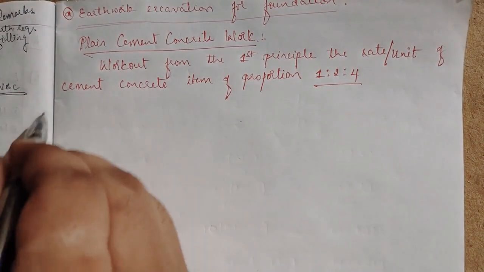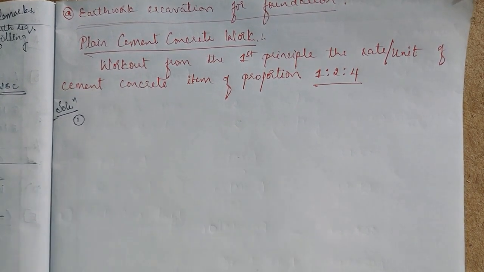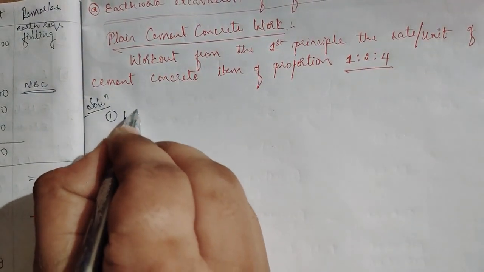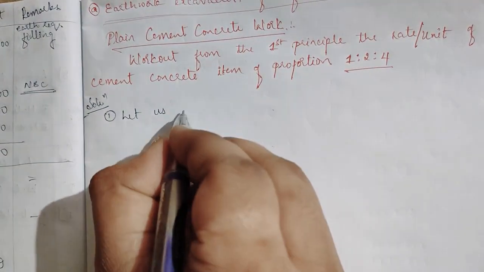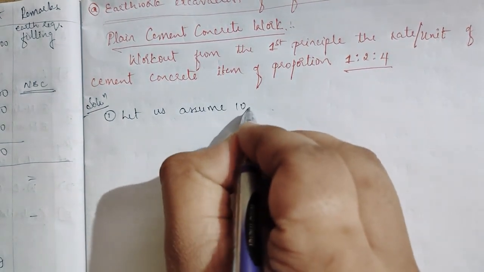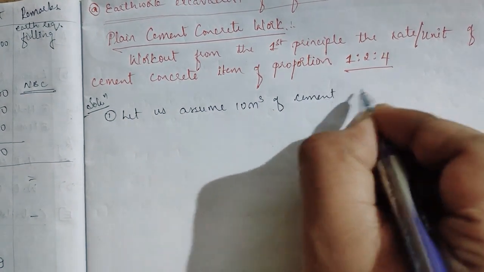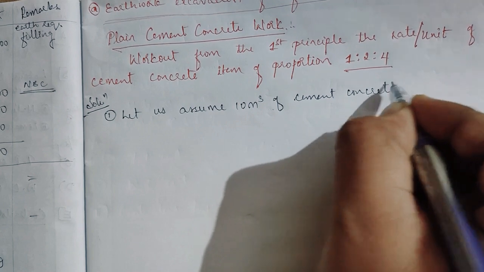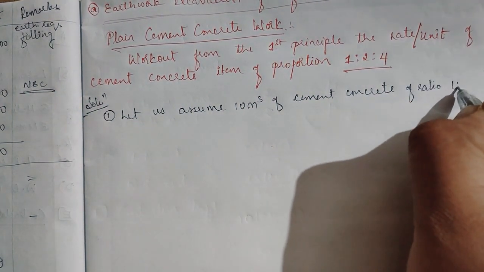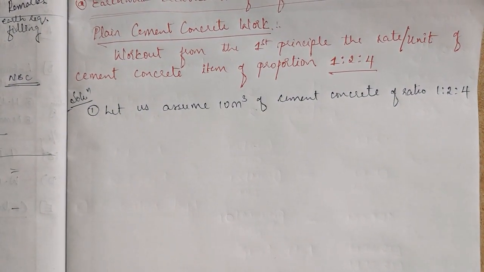First what we do, so solution, first item of work, let us assume 10 meter cube of cement concrete of ratio, what they have given, 1:2:4, right? 1:2:4.